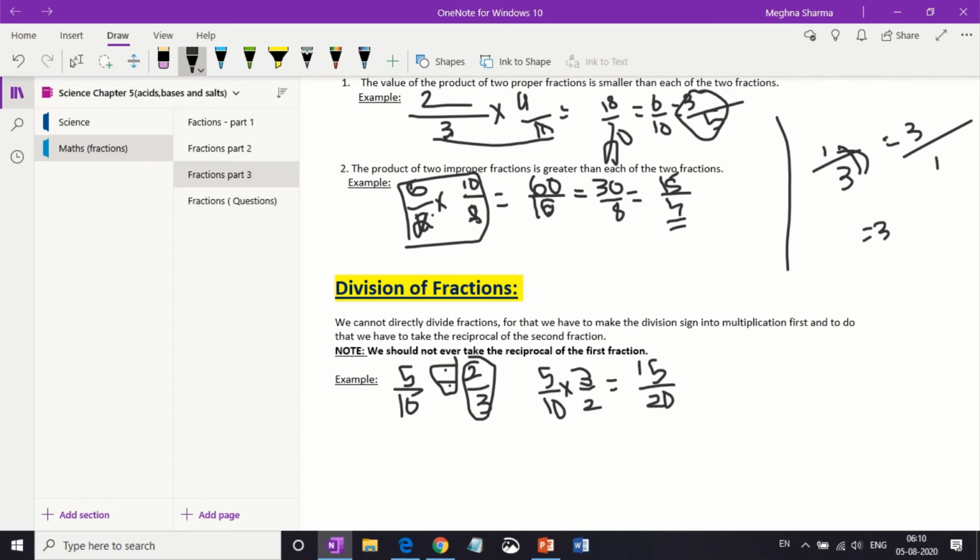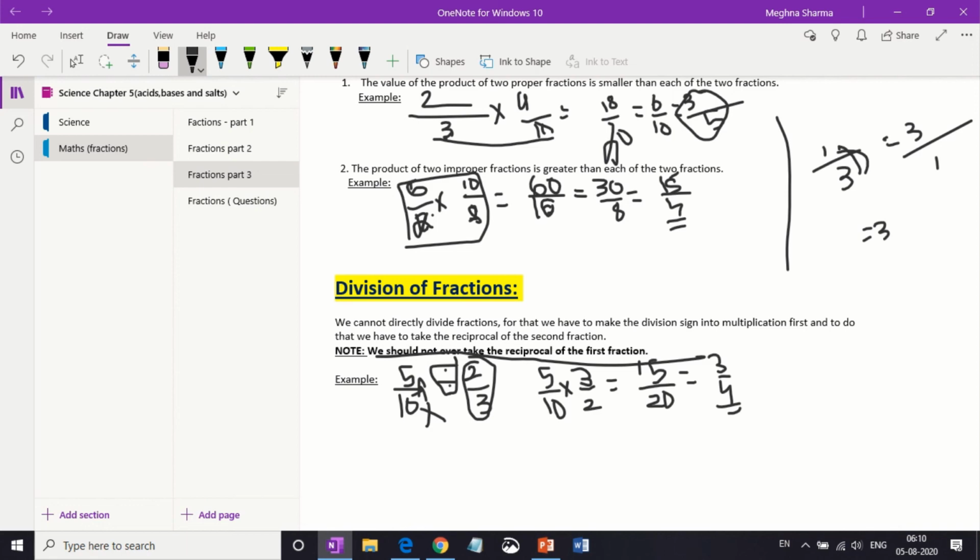Now this will go in our 5 table. 5 threes are 15, 5 fours are 20. Yes, this is your final answer. This is simple, but you have to remember, never take the reciprocal of the first fraction. Always take the reciprocal of the second fraction.